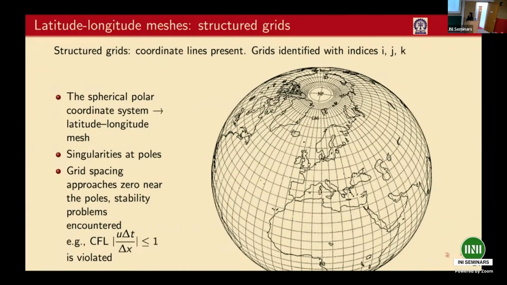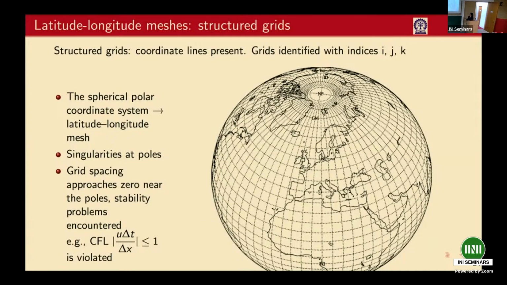This introduced a problem with numerical stability, because there is a CFL condition: as delta x goes to 0, we have to reduce delta t also. This created a stability issue with structured grids, that is, with spherical polar grids.